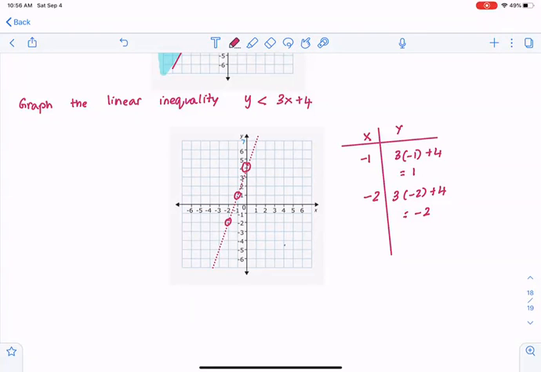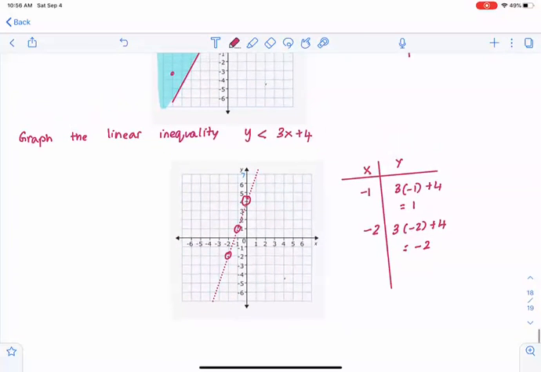So no point on that line could satisfy the inequality, and every point below that dotted line will satisfy the inequality. So we can pick any number from here, and it will satisfy the inequality.